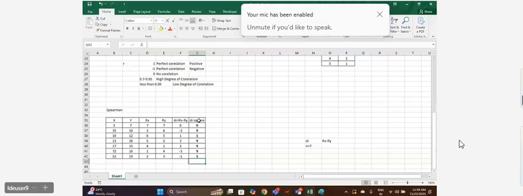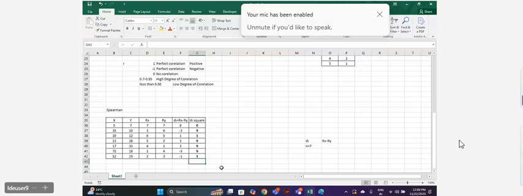Very simple. Once you get this value, don't square it again. For di square, just take the summation. The summation of this is 38.